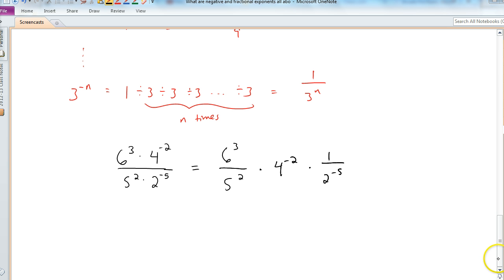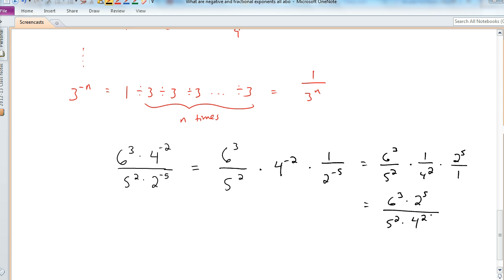Okay? And then I can write this as 6 to the third over 5 squared times 1 over 4 squared times the reciprocal of 2 to the negative fifth is just 2 to the fifth over 1. Okay? And this is now going to be 6 to the third times 2 to the fifth over 5 squared times 4 squared.